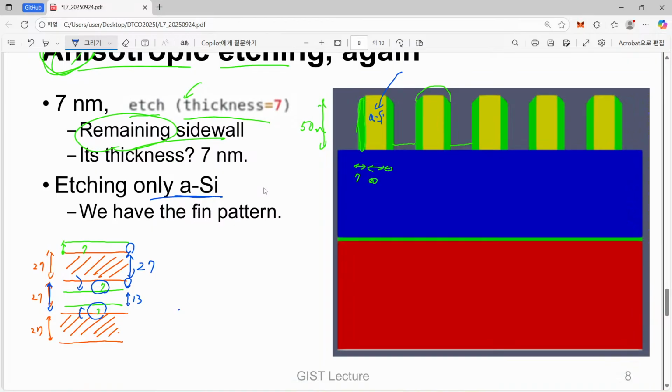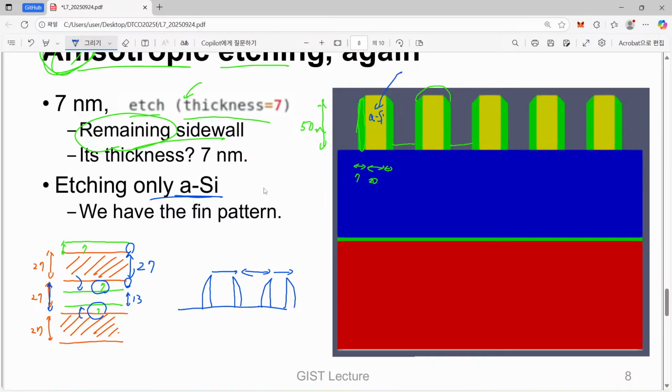So let me just draw once again. Then we will have certain patterns, and their pitch is always the same, 27.